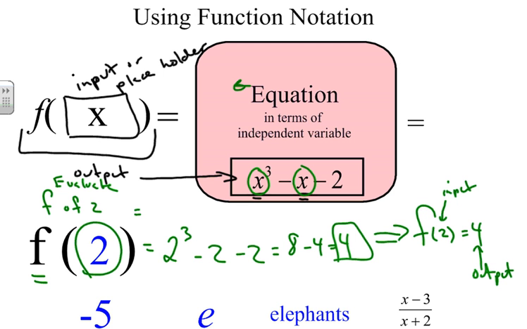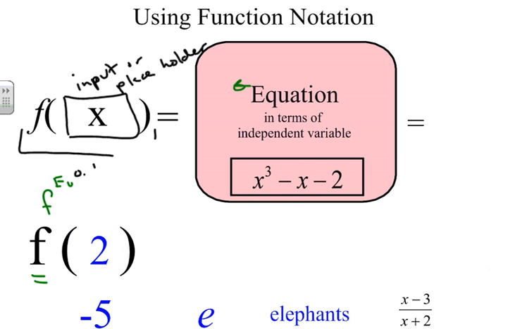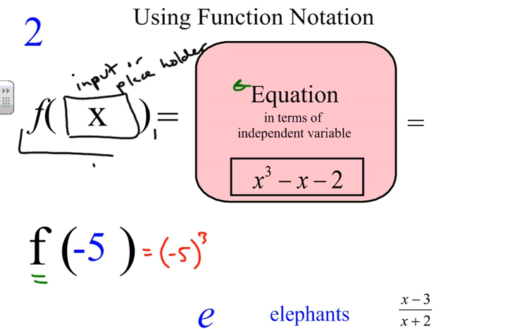If we change this up, let me get rid of this 2 up here, and plug in a -5. Well, we plug in -5, and what we would get is -5 cubed. Notice how I put parentheses around there, because it's -5 cubed minus -5 minus 2. We can simplify that: negative 125 plus 5 minus 2.